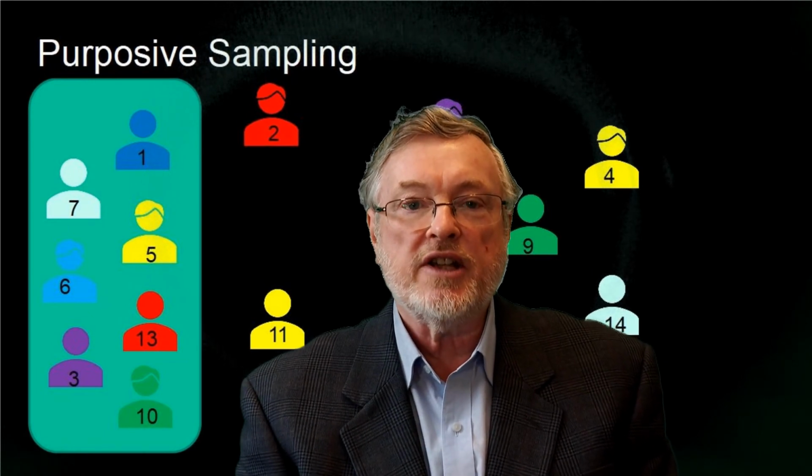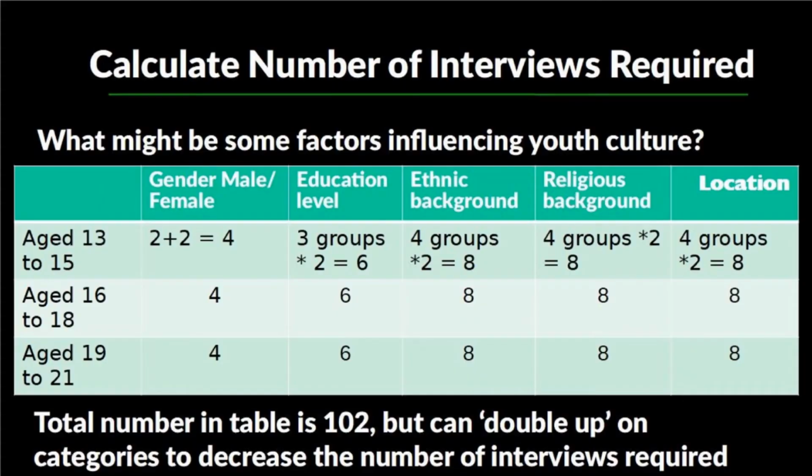So you can calculate the numbers of interviews that you need by drawing up a table. And that table will include each of some of the factors. For example, you may be looking at the factors influencing youth culture. Obviously, the gender will be one factor. You'll want to look at males and females, people of different age levels within youth, for example.